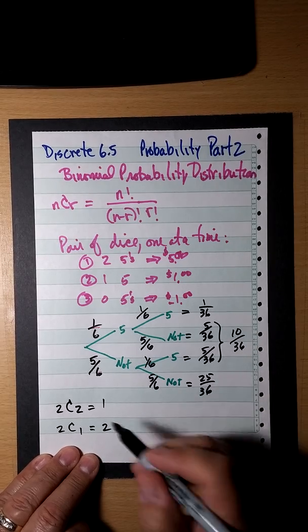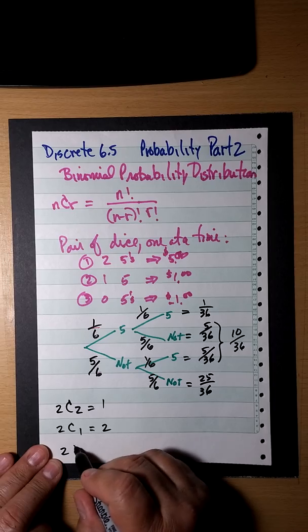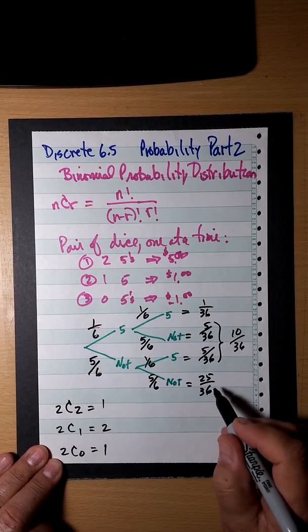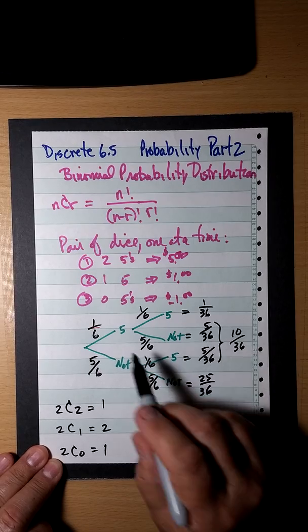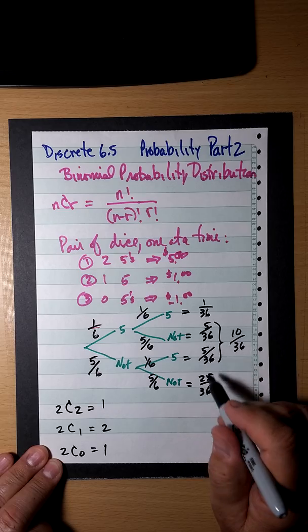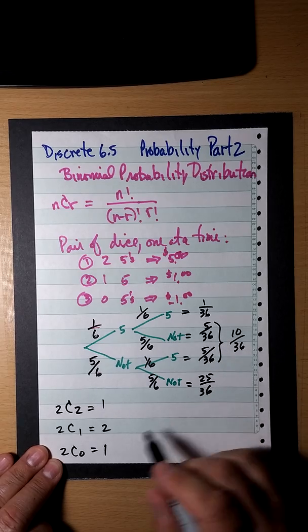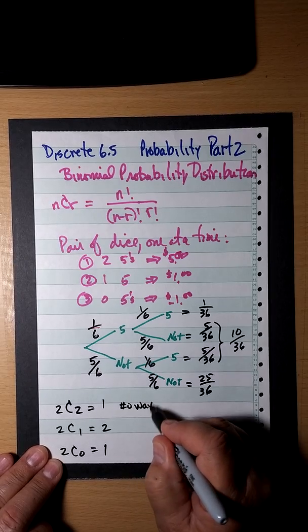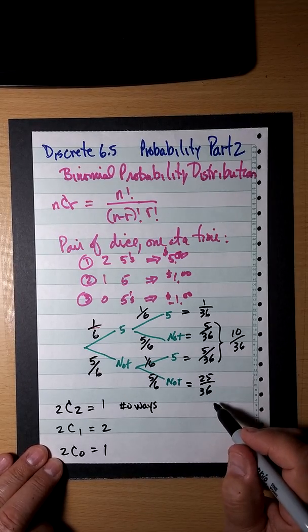This is the 2 ways of doing that. And with 2 dice, if you get none, it is also 1, which is the one way here. So this is how many ways of getting the 1 out of 36, how many ways of getting the 5 out of 36, how many ways of getting the 25 out of 36.